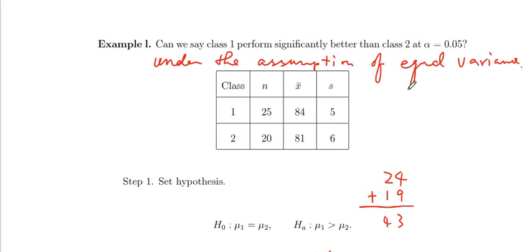So if the data is like this, then we can say class 1 performs significantly better than class 2. Here we use this assumption, right? Sigma 1 and sigma 2 the same, variance equal.